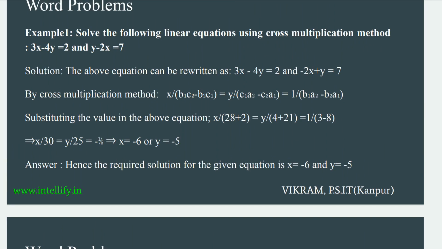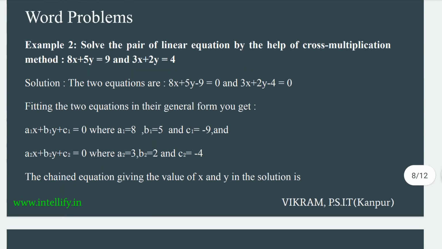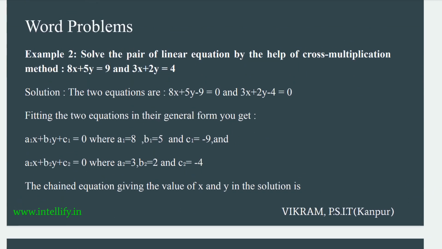Moving on to the next word problem. Here also we are provided with a certain set of equations. Equation number 1 is given as 8x plus 5y is equal to 9 and equation number 2 is given as 3x plus 2y is equal to 4. So fitting the equations in the general form, we first see what a1, b1 and c1 are, and what a2, b2 and c2 are for both equations.